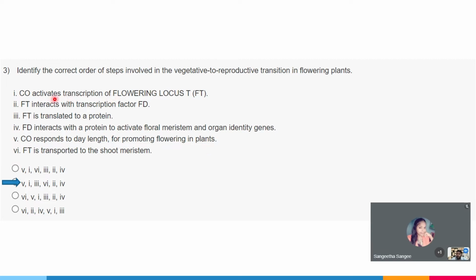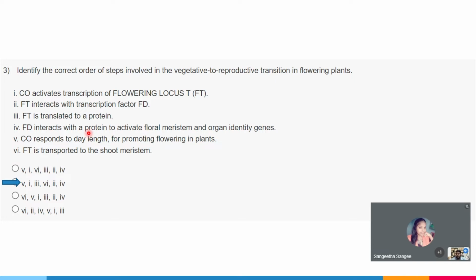Second is CO activates transcription of FLOWERING LOCUS T, FT, as we just saw. FT is translated to a protein. That is the third. FT is transported to the shoot meristem, and then it interacts with transcription factor FD.